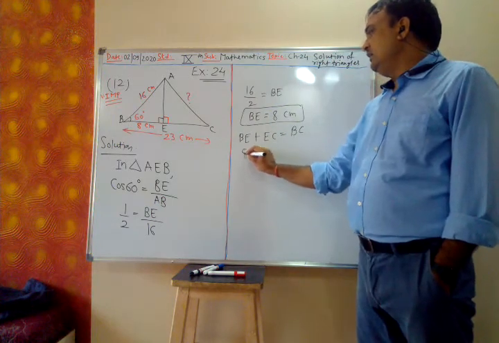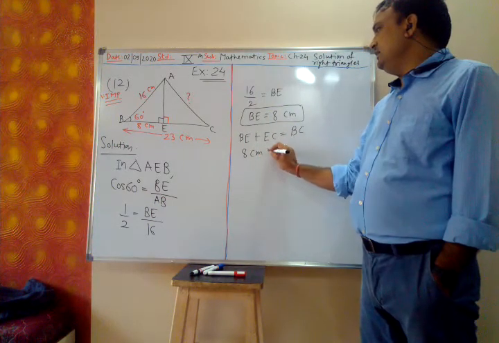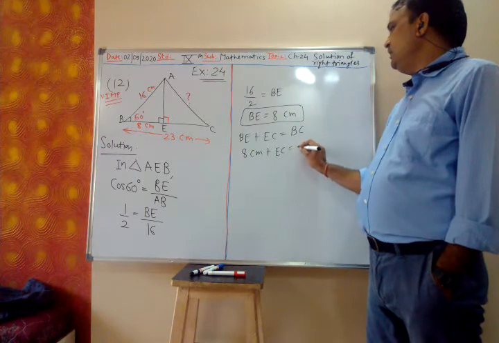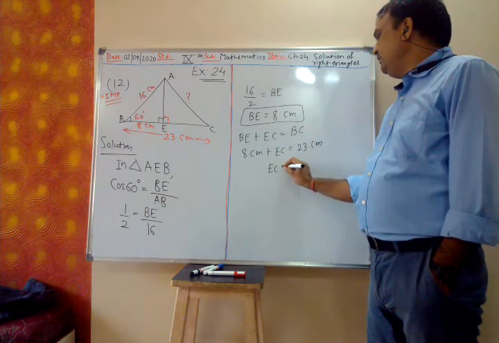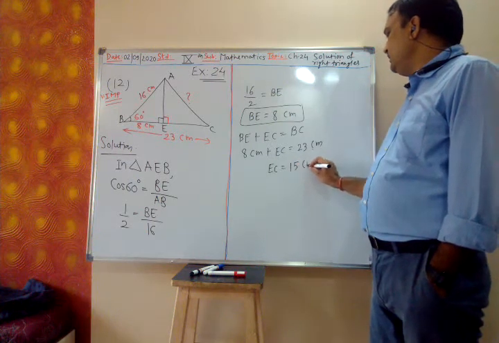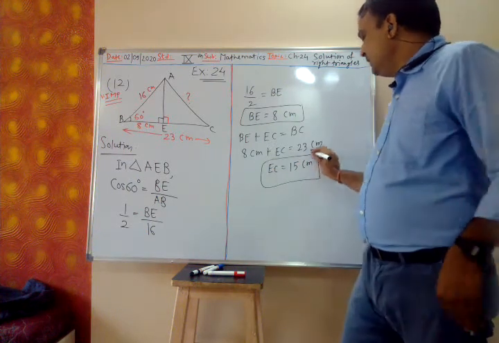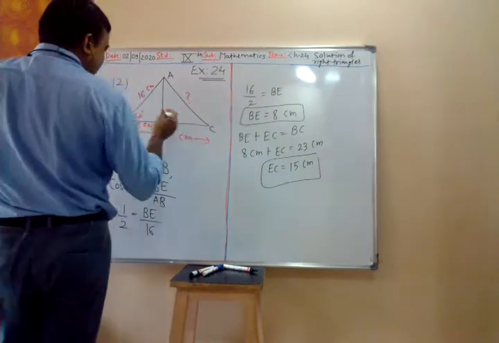So 8 centimeter plus EC is equal to 23 centimeter. So EC is 15 centimeter. We write directly, 15 centimeter is EC.